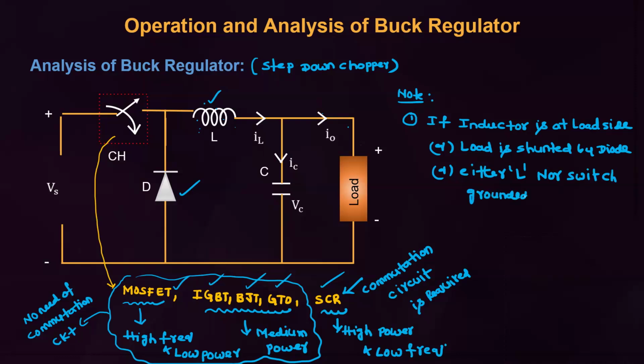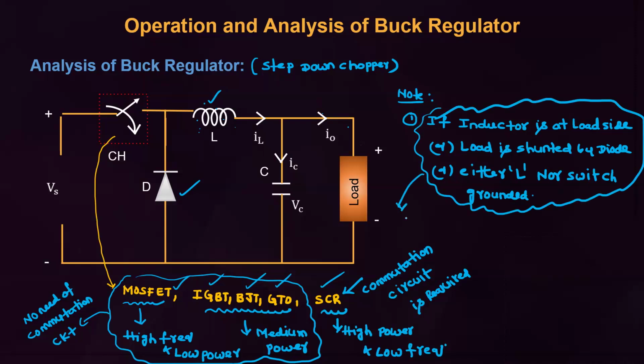That is, inductor is not grounded, switch is also not grounded. Then it is which regulator? Like this, identify the buck regulator. This is the buck regulator. Or how to identify step down chopper.